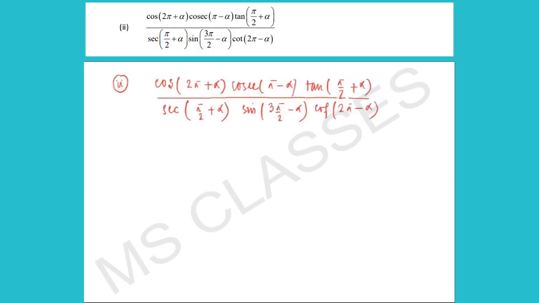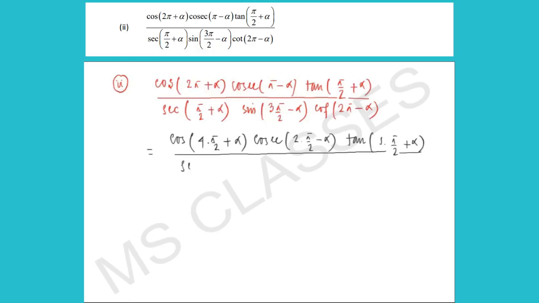Now here also we'll simplify. At first we'll express cos 2 pi plus alpha as cos 4 into pi by 2 plus alpha, cosec 2 into pi by 2 minus alpha, tan 1 into pi by 2 plus alpha, whole divided by sec 1 into pi by 2 plus alpha, sin 3 into pi by 2 minus alpha, cot 4 into pi by 2 minus alpha.